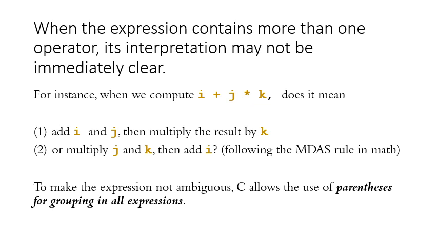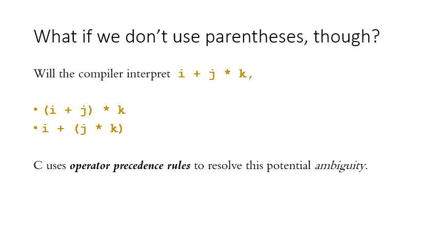One solution to this problem is to add parentheses, writing either (i plus j) times k or i plus (j times k). As a general rule, C allows the use of parentheses for grouping in all expressions. So what if we don't use parentheses?